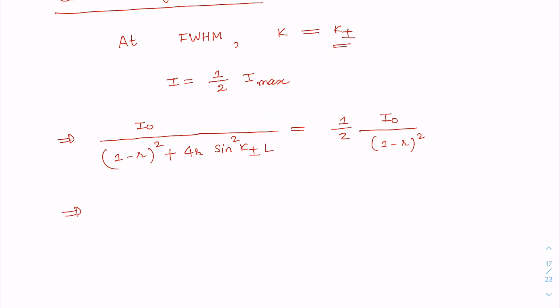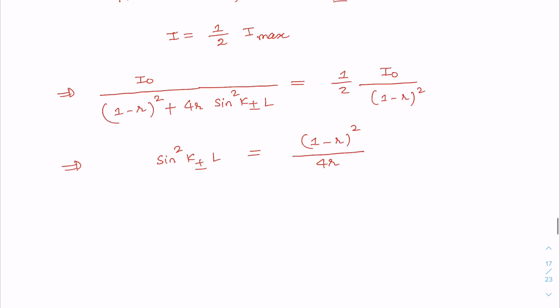From here you can immediately get sine square k plus minus L is equal to 1 minus R whole square divided by 4R.